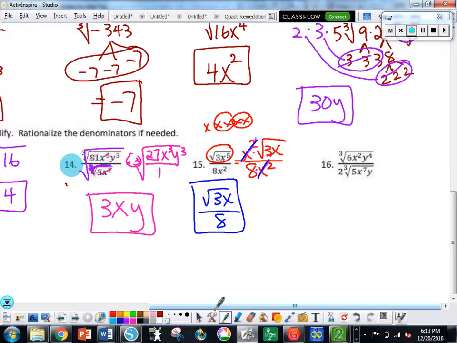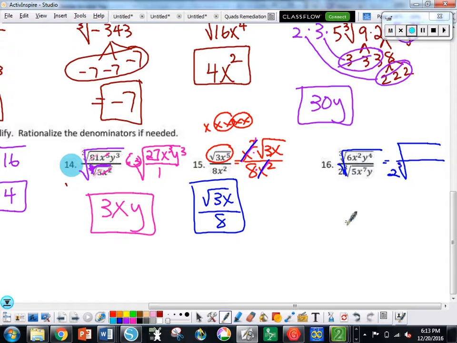And number 16, this one's a little bit trickier. When you put this inside of the same radical, let's start canceling things. The 2 is still in the denominator. Now there's 2 ways to look at this. I'm going to look at it maybe taking the long route, but hopefully this makes sense to you. Now the 6 and the 5, there's a little 3 here still.